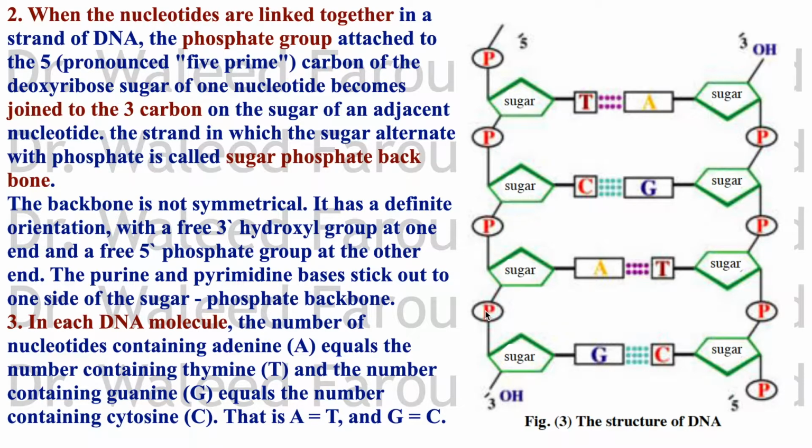See the phosphate groups to the 5 of one side and 3 of the other side, and so on, and form 2 sugar phosphate backbones with opposite direction of the free hydroxyl group. See, this is the free hydroxyl group at position 3 at this side, and here is the phosphate group at the 5. But the opposite side is totally the opposite. This is the hydroxyl group, and this is the phosphate. See that?